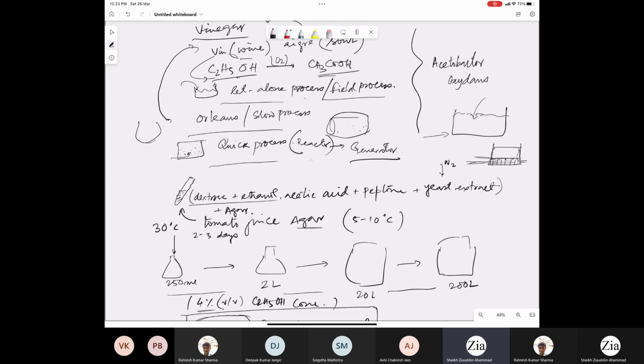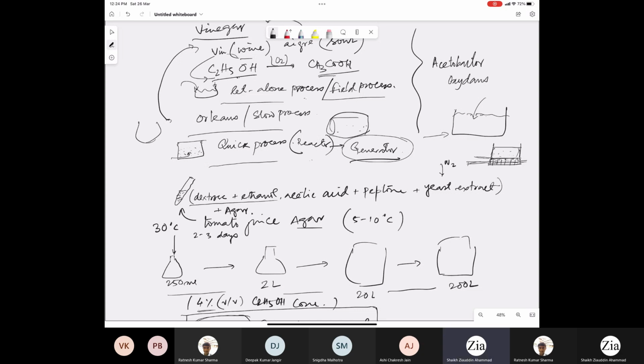So you will have a sparger at the bottom and, through the compressor, compressed air will be supplied to the sparger and will aerate the liquid at a desired level, and you can improve the conversion so you can get much faster conversion. And typically these reactors are known as generators. For acetic acid or vinegar production, these reactors are known as generators.